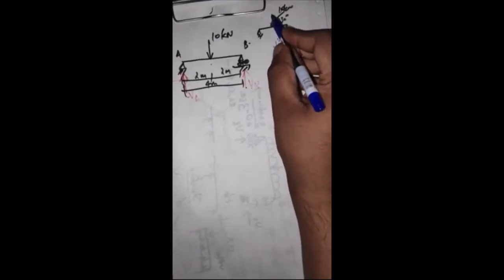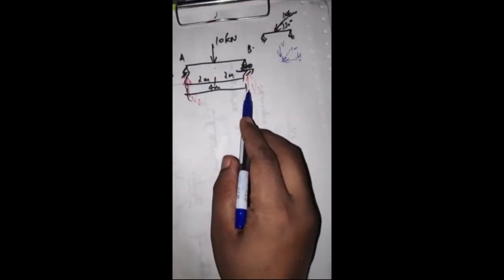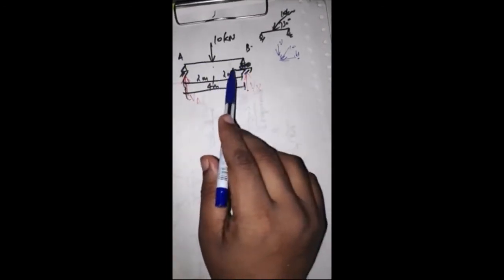So if there was a slanting force, there would have been a horizontal reaction also. The number of reactions on a beam depends on the type of force on that beam.